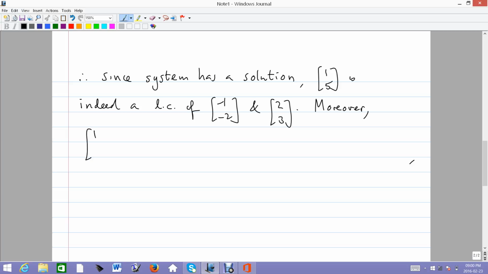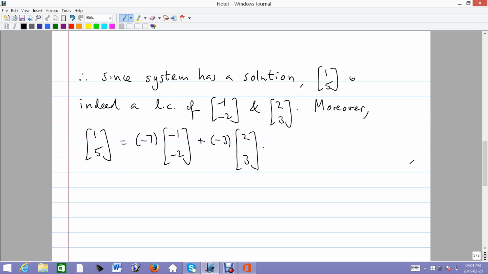So (1, 5) is x, which is -7, times (-1, -2), plus y, which is -3 in this case, times (2, 3). So there we've written the vector (1, 5) explicitly as a linear combination of (-1, -2) and (2, 3).